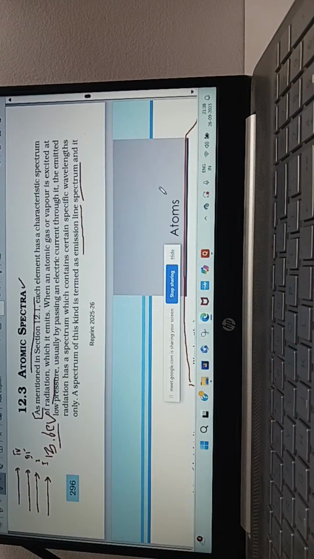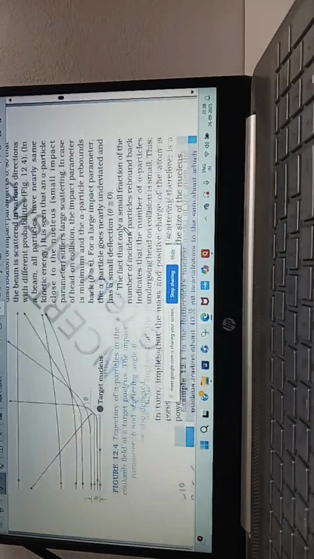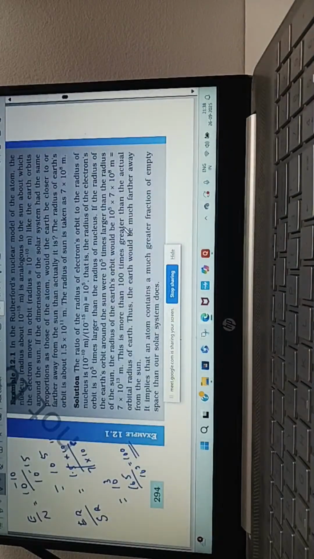Topic is atoms. The subtopics which I taught just now are the textbook version. Rutherford model, then comparing the atomic orbit and the solar orbit: our atomic size is 100 times greater in comparison.